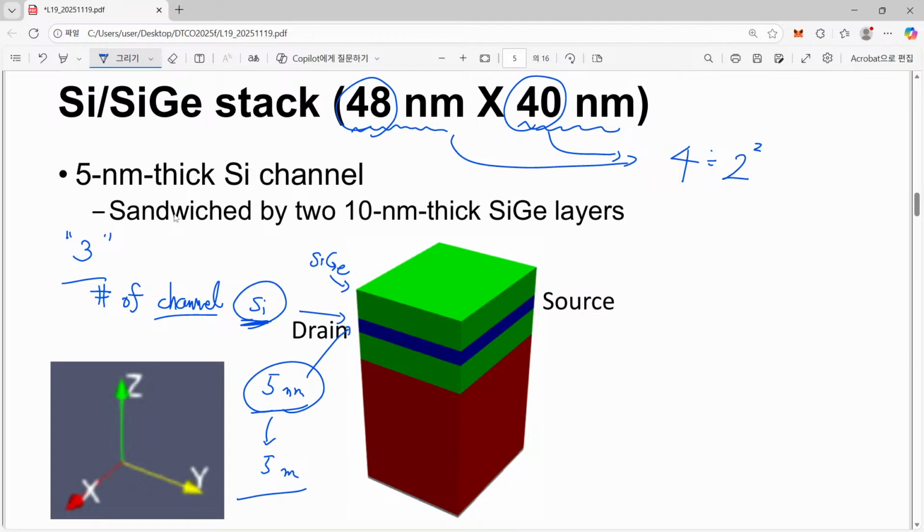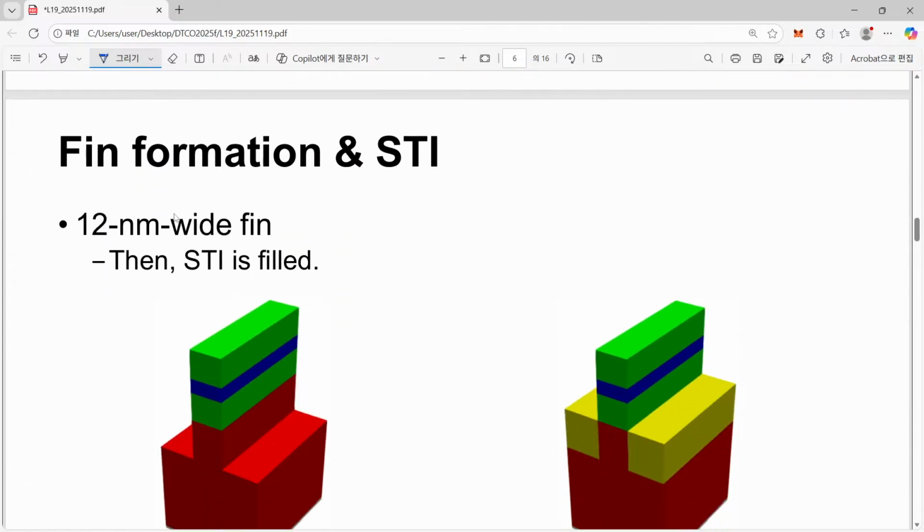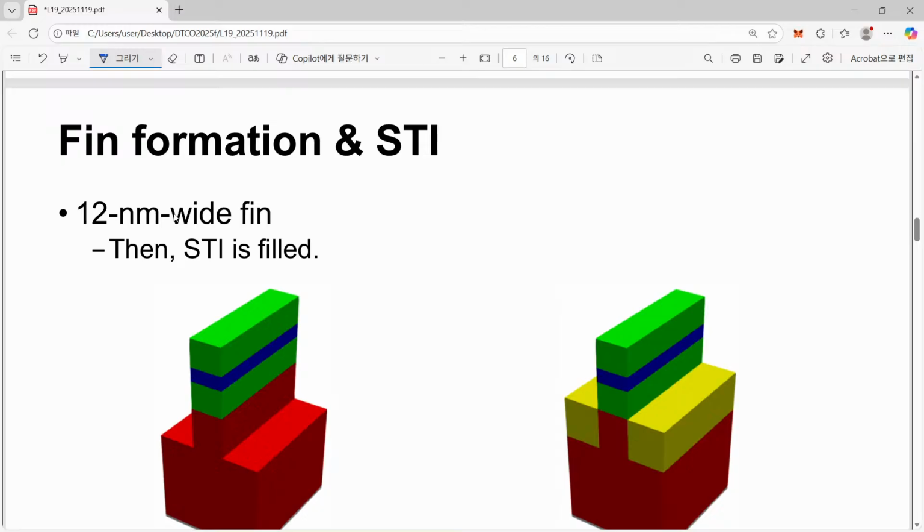So if you are doing your own job, please try to set your domain in multiples of 4. Say I really wanted to make this 127. Even though you wanted to do that, please just add one more to make 128, to make it a multiple of 4.